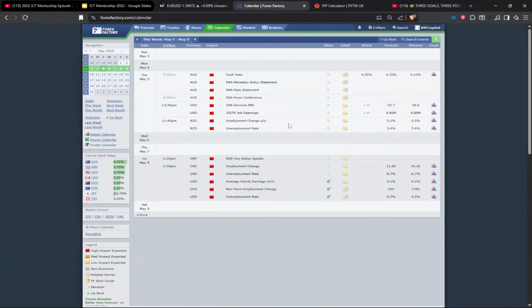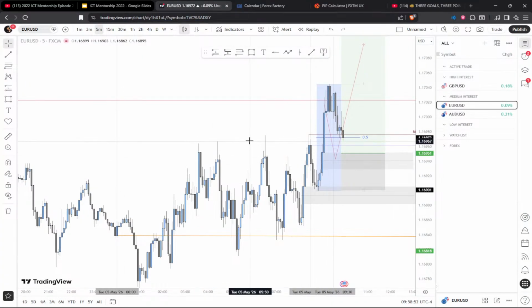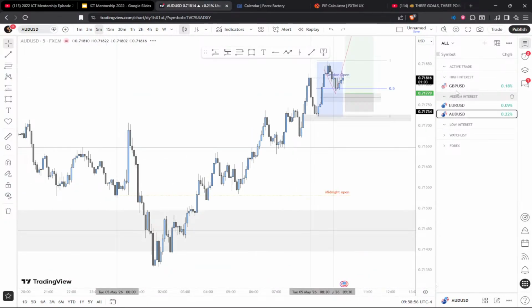Spreads will be high. News is in 1 minute, and we haven't even come to entry on this one. No here, no here.